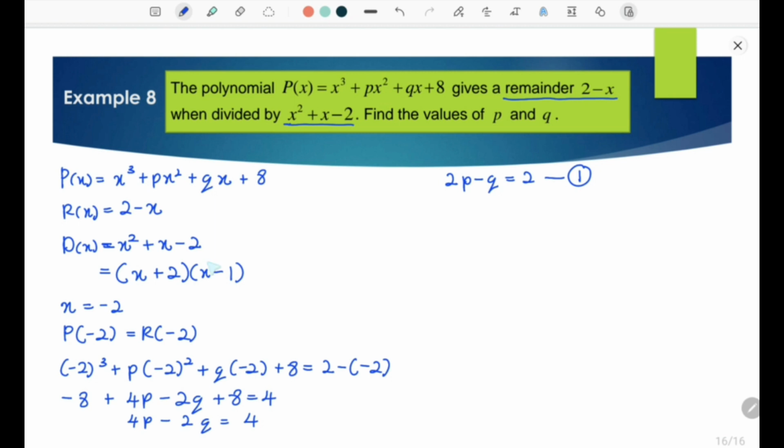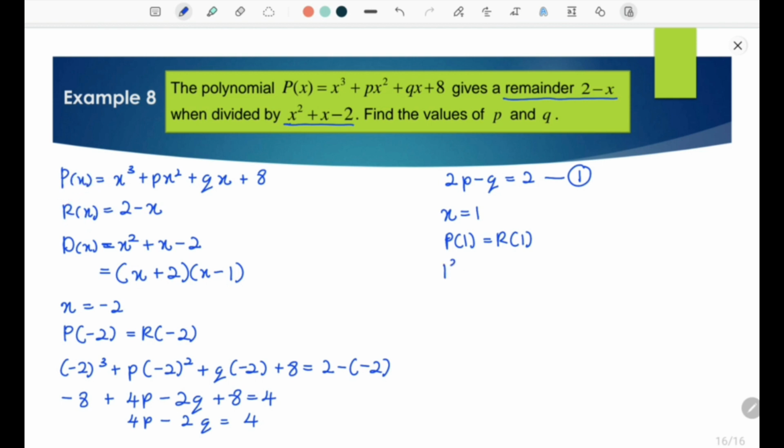For the next equation, we're going to have x minus 1 here, so x equal to 1. So when x equal to 1, by applying the remainder theorem, we have p(1) equal to r(1). So now I'm going to substitute x equal to 1 in p(x) and r(x).